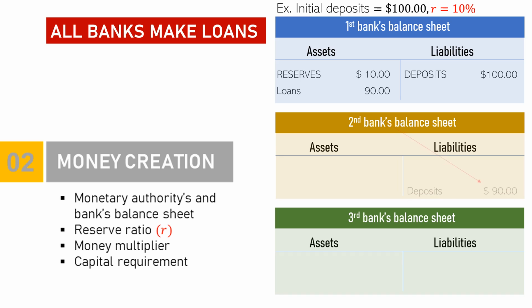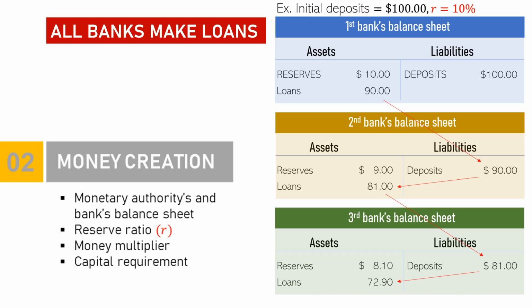Out of its $90 of current deposits, it loans out 90%, or $81. Bank 3, which receives the new deposit of $81, also makes loans. Out of its $81 deposit, 90% of it, or $72.90, is loaned out. It continues like this until bank number N.